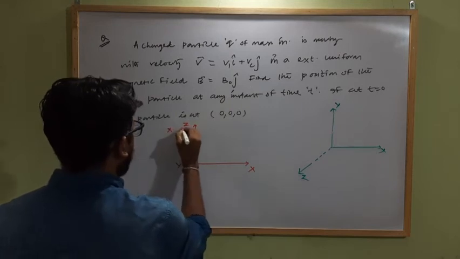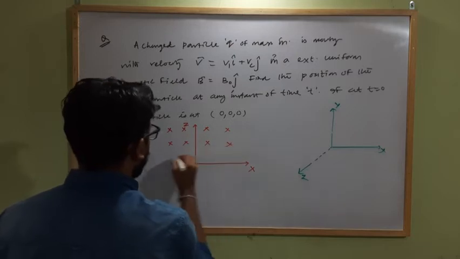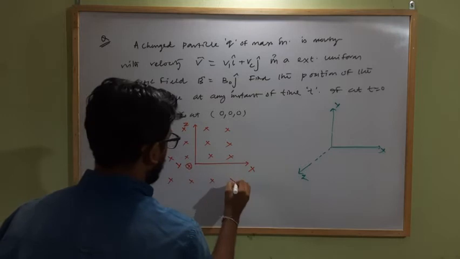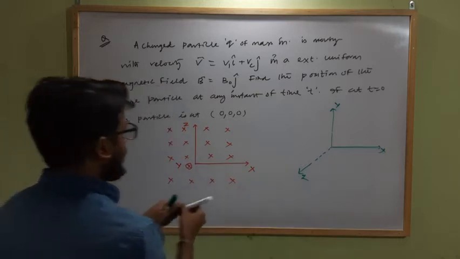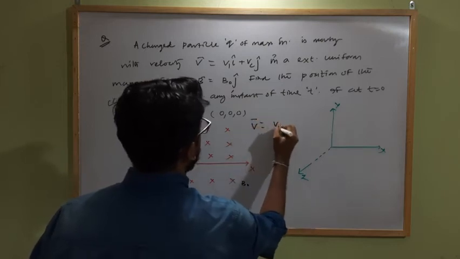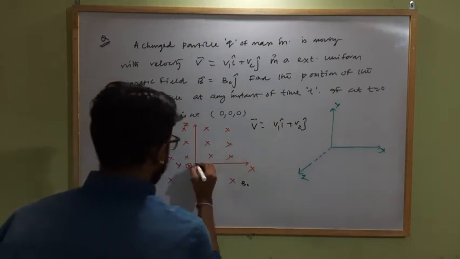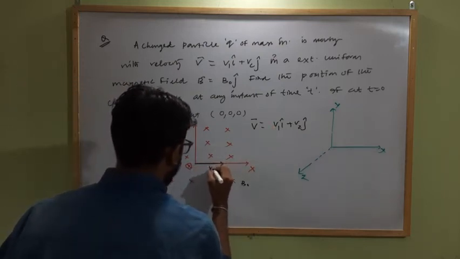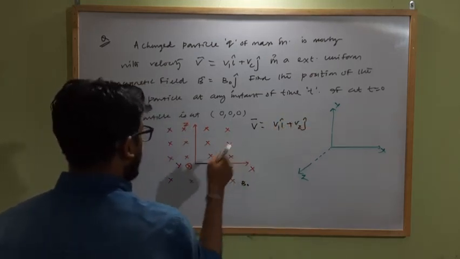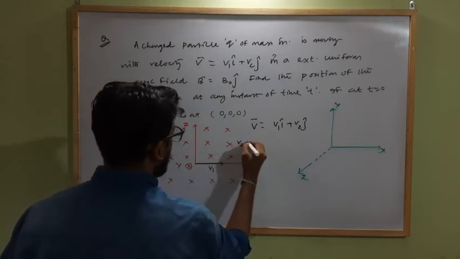So the magnetic field at all the region present over there is like this, into the plane, having strength B naught, and the velocity has two components, v1 i cap plus v2 j cap. So v1 is along the x axis. This is the direction of v1. And v2 is along the direction of the magnetic field. So v2 is into the plane.